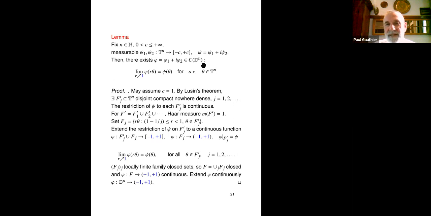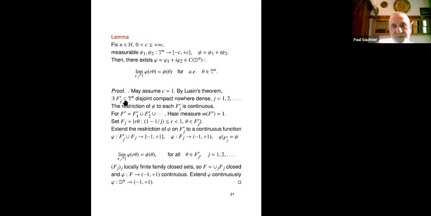And so that's why I stated it for minus C to plus C. But the theorem is topologically equivalent, no matter whether C is infinite or finite. So it's enough to prove it for one. And there we're comfortable with Runge's theorem, and we're comfortable with the Tietze extension theorem.